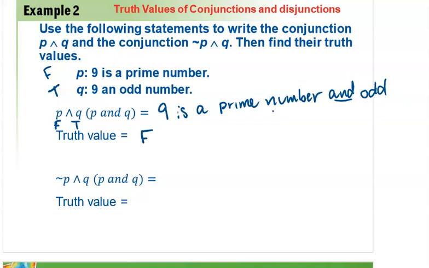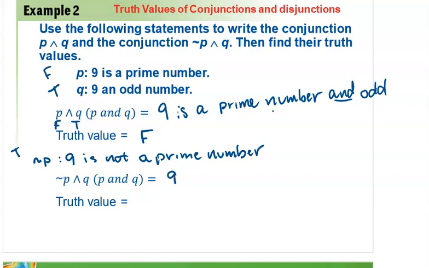For this one, it's asking about not P. So not P, or the negation of P, is 9 is not a prime number. So that one is true. So we're going to change this a little bit.